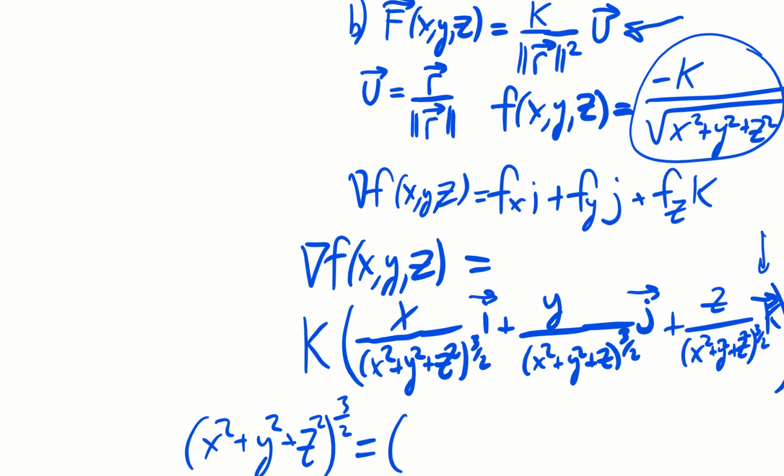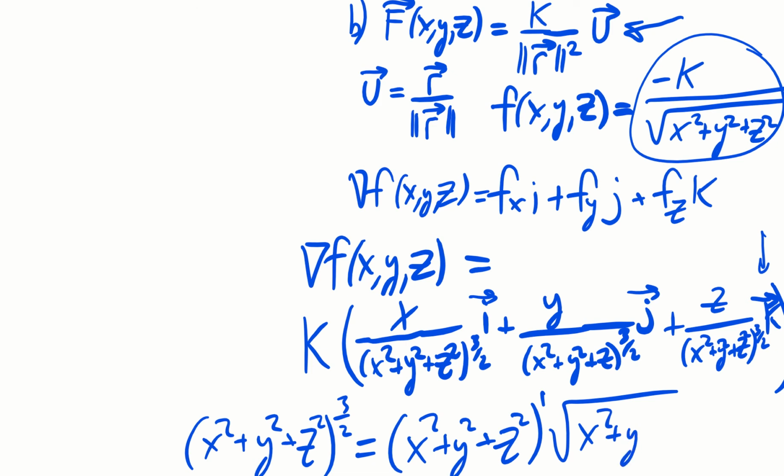We can rewrite this as x squared plus y squared plus z squared to the first power times x squared plus y squared plus z squared to the 1/2 power, which is the same thing as the square root. And then let's factor this thing to the outside.